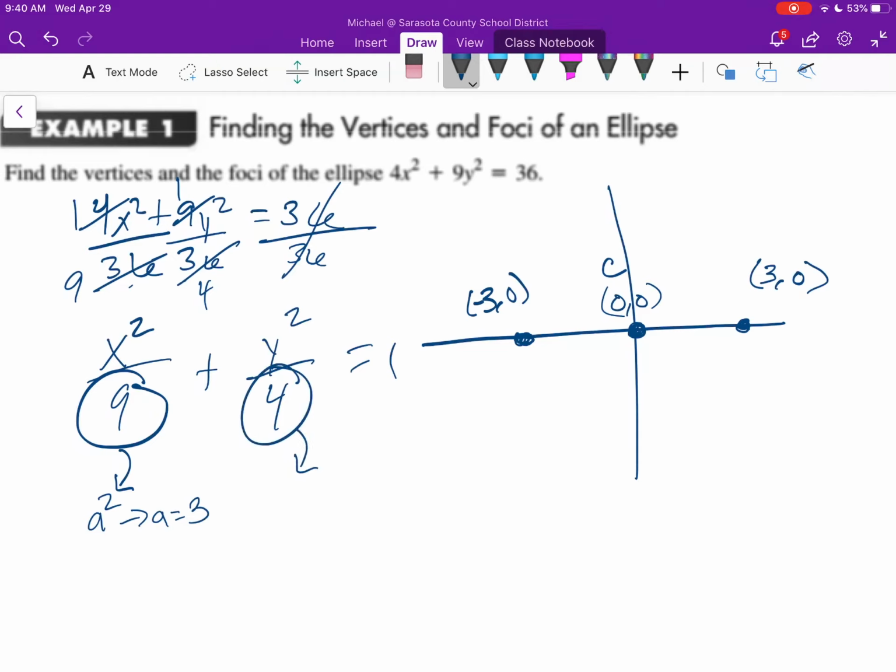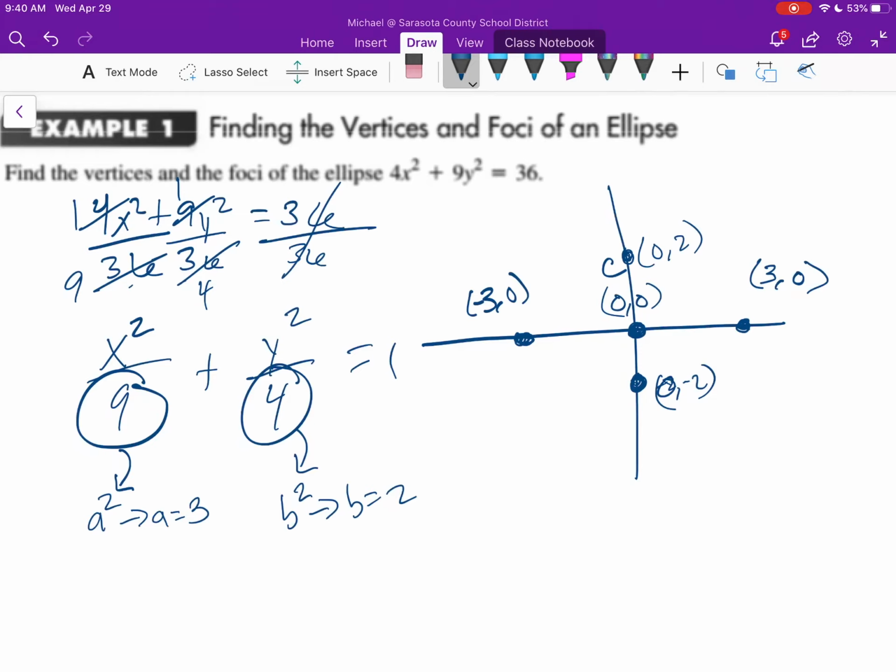Similarly, this one is the semi-minor axis. And so if this is b squared, that means that b was 2. And so down here, I will have 0, negative 2, and 0, positive 2 on our minor axis.